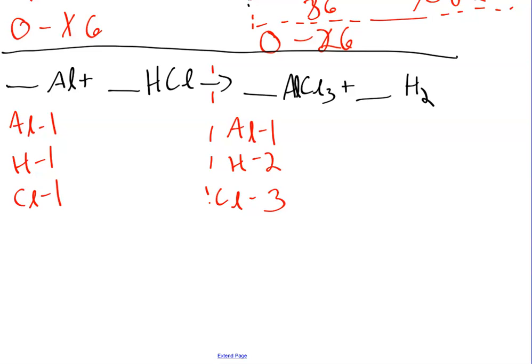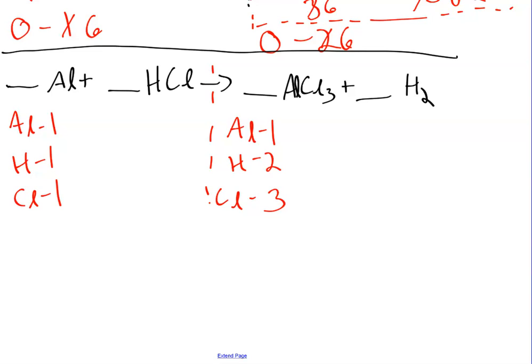Let's balance chlorine first. I will point out that aluminum is all alone on this side and hydrogen is all alone on this side. They make it super easy to go back and fix any last balancing. So I'll leave those two until last.